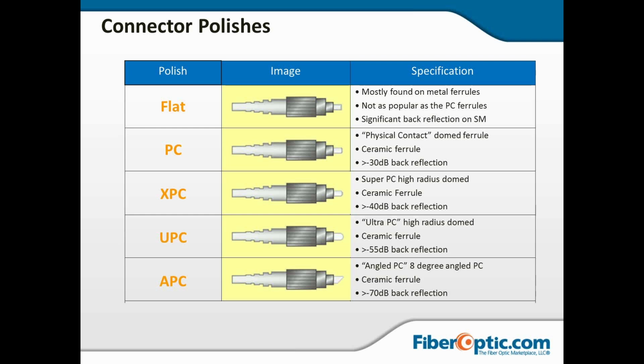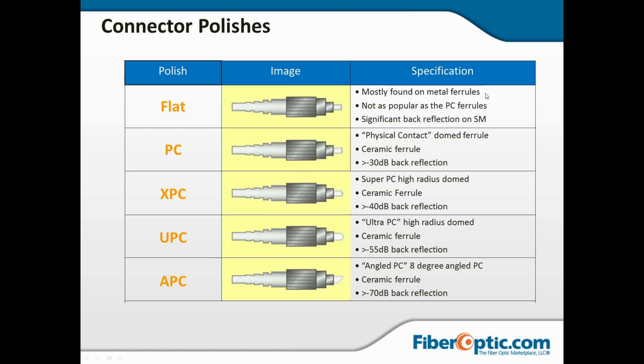Well, of course, if super's better than PC, then ultra must be the best. So they went to a higher radius, actually a smaller radius dome. It is completely curled, rolled off on the end. You can see from the image, these are fairly accurate images.